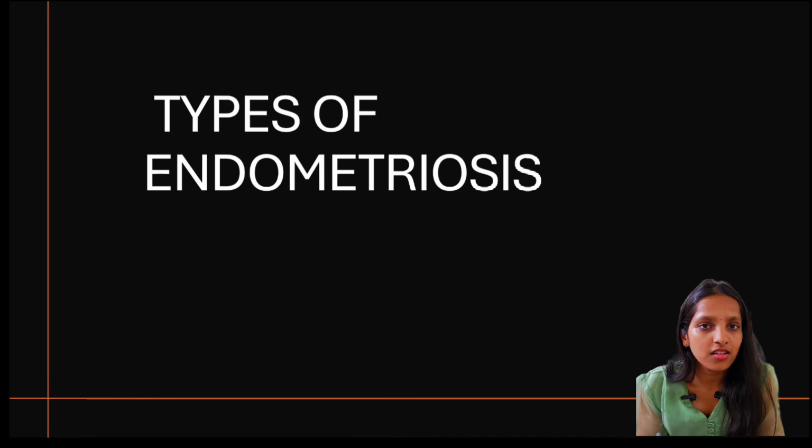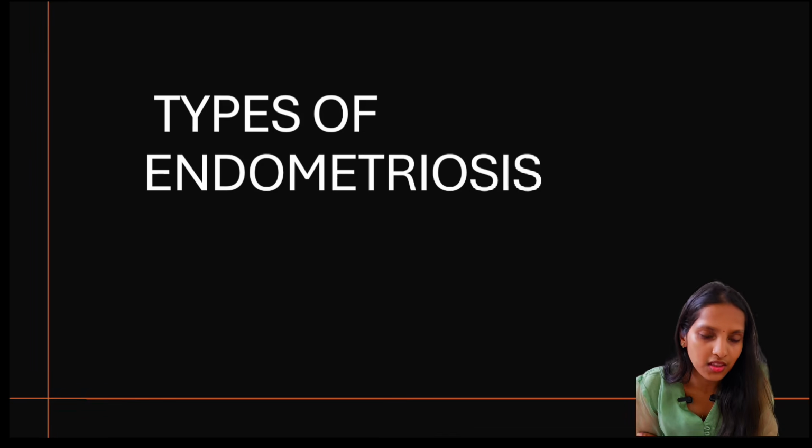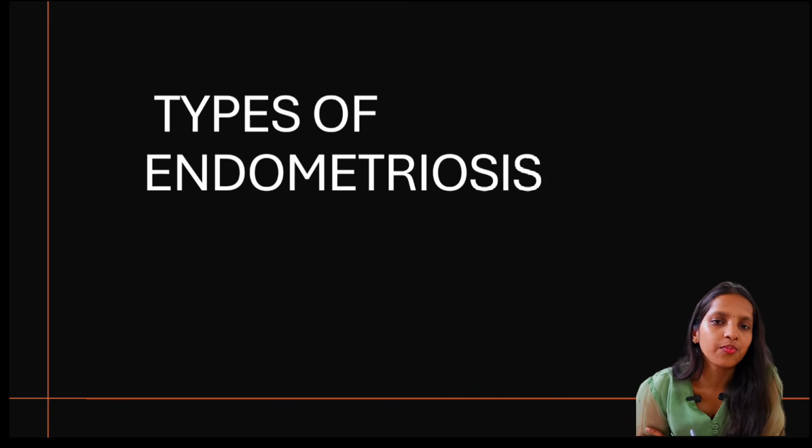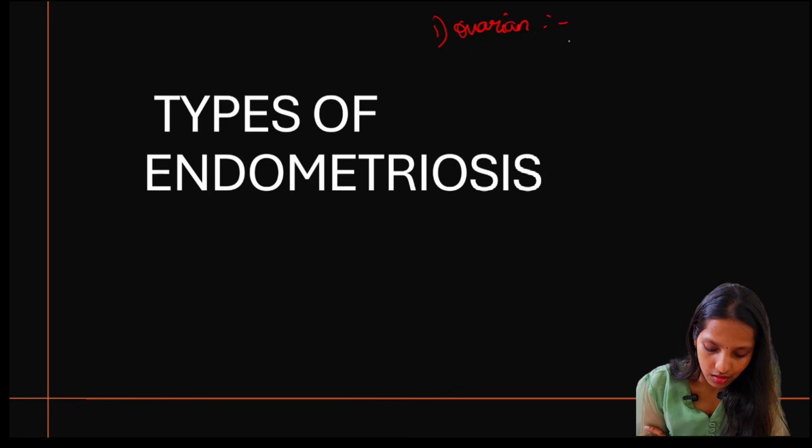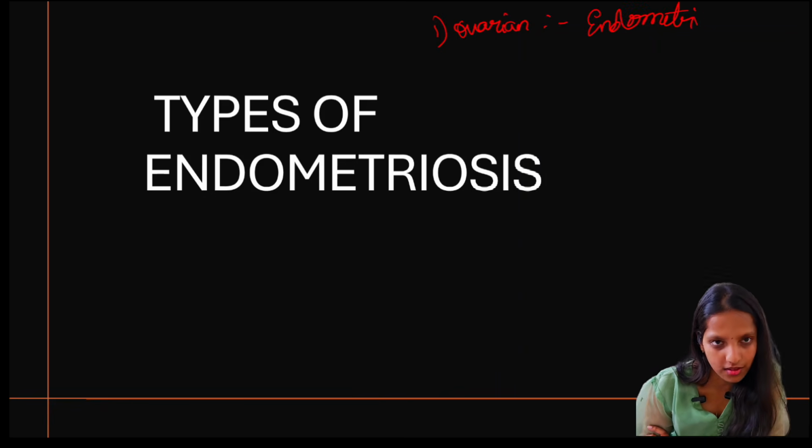The next important thing is the types of endometriosis. There are three classical types described. The first is the ovarian type of endometriosis, which usually forms an endometrioma, which we classically call a chocolate cyst.